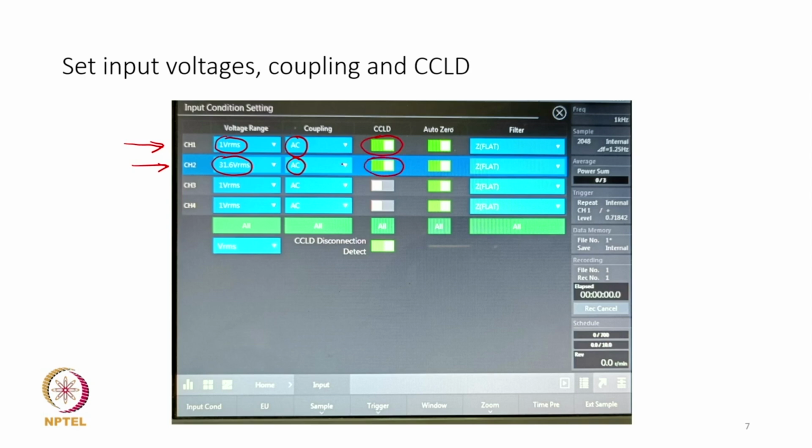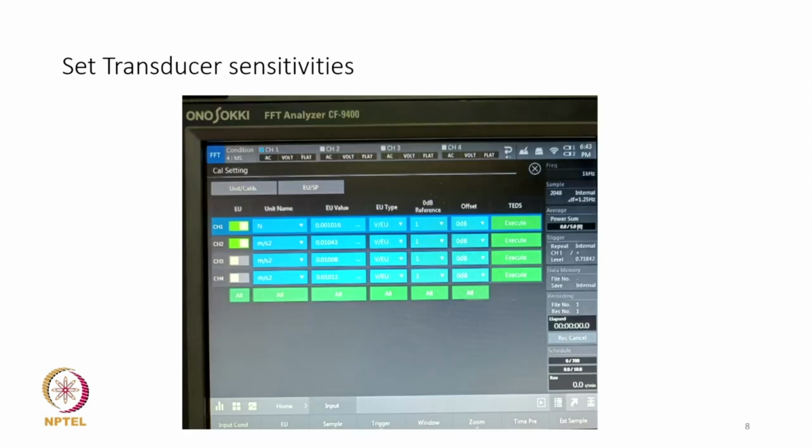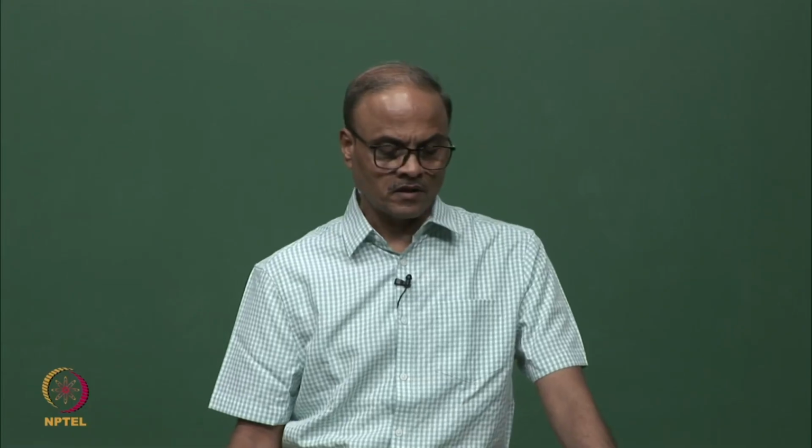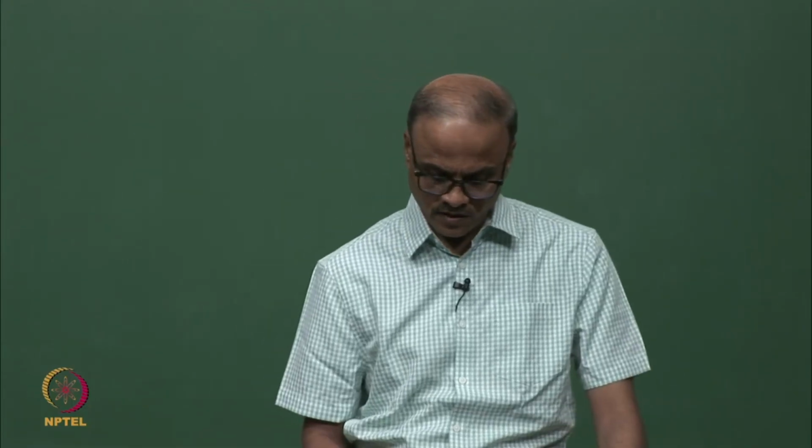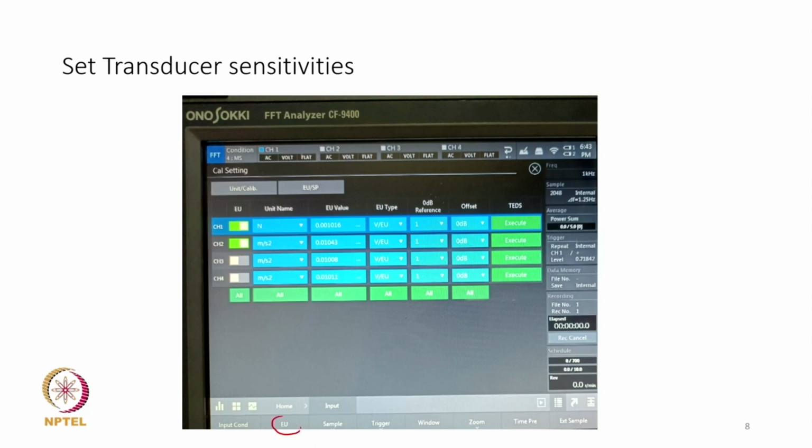This indicates that the analyzer has to supply the necessary electric power to the transducers attached to the two channels. Another thing we need to set is the transducer sensitivities. In the input section, we are going to set the engineering units.